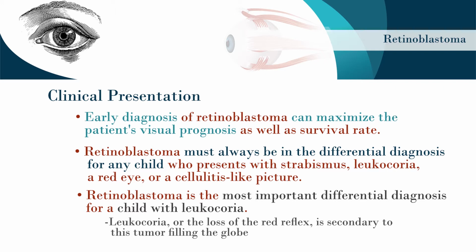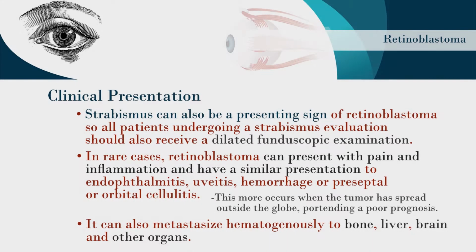Retinoblastoma is the most important differential diagnosis for the child with leukocoria or white pupillary reflex. The white pupillary reflex is the loss of the red reflex secondary to the tumor filling the globe.